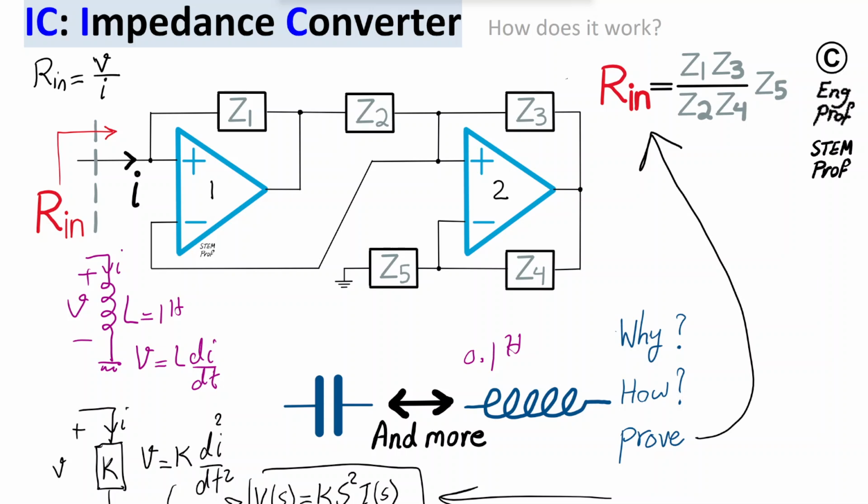If we apply a test voltage between input and ground, that test voltage results in a test current I flowing through the circuit, and if I can find V over I, that's the input impedance that I want to find and prove it follows this formula.